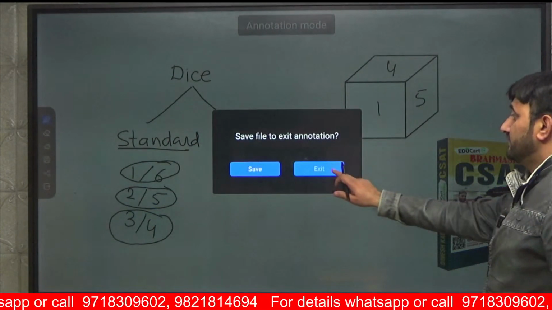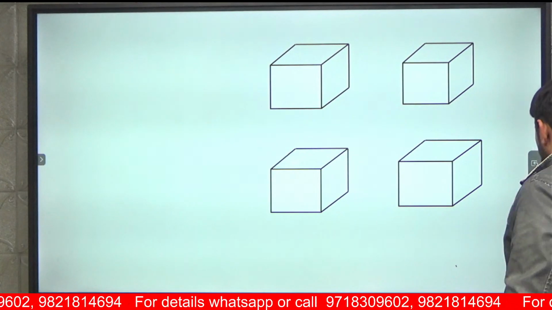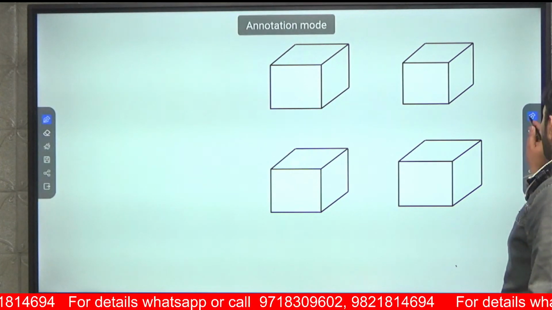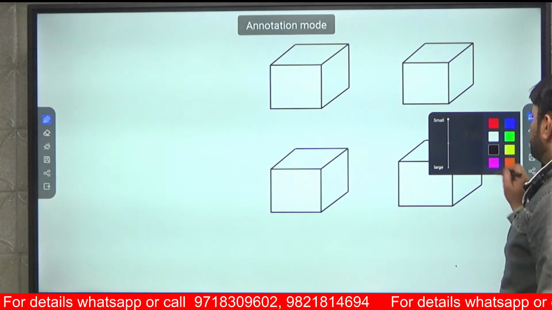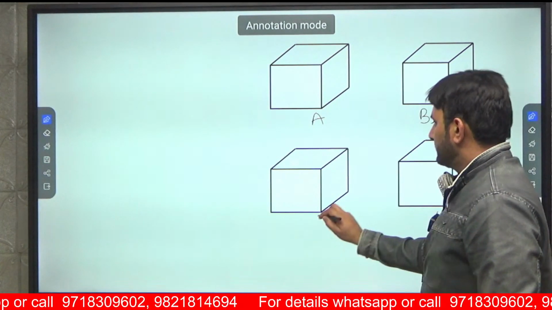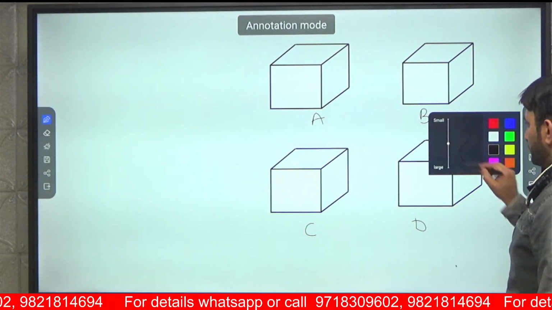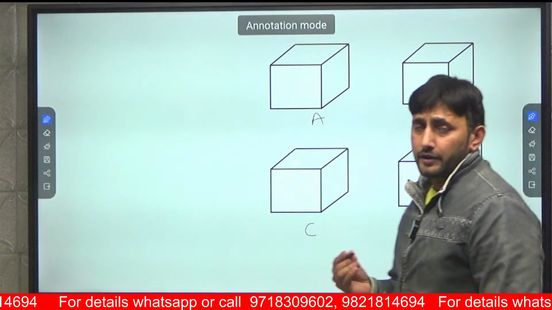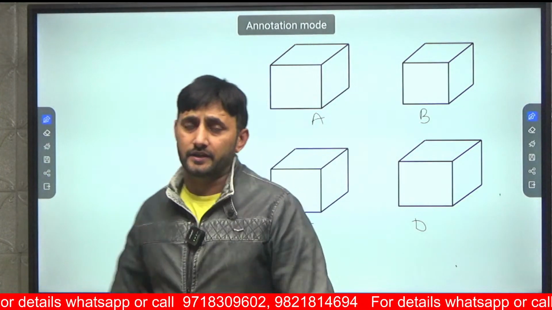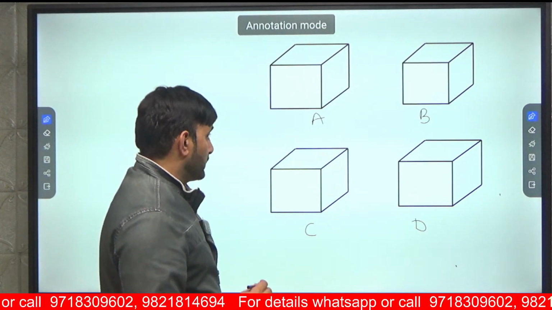Let us see a couple of questions. These are the 4 dice, die A, B, C and D. You have to answer which of the following cannot be a standard die.